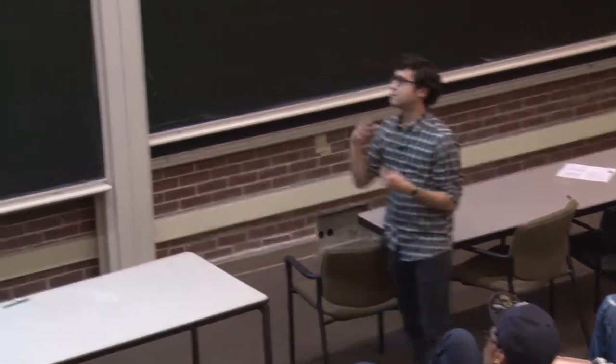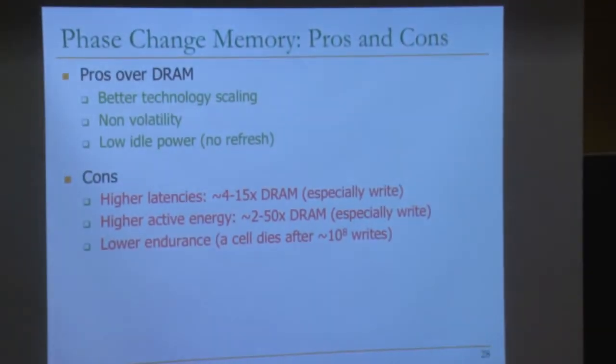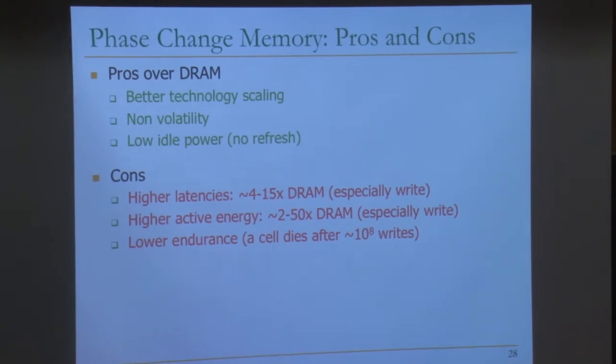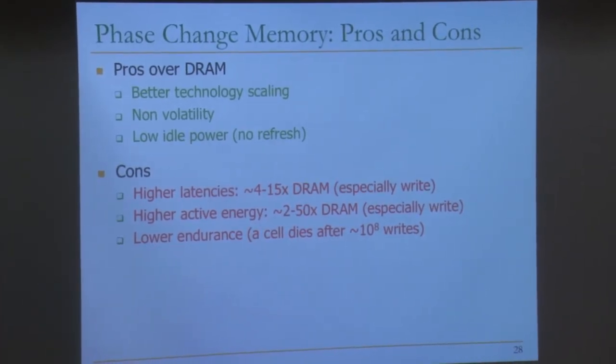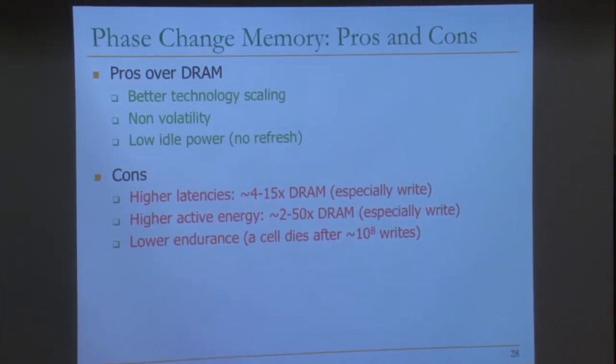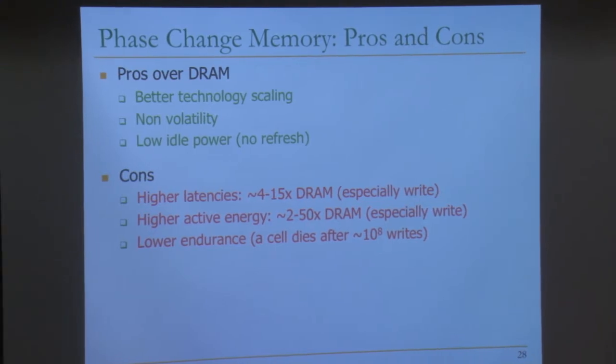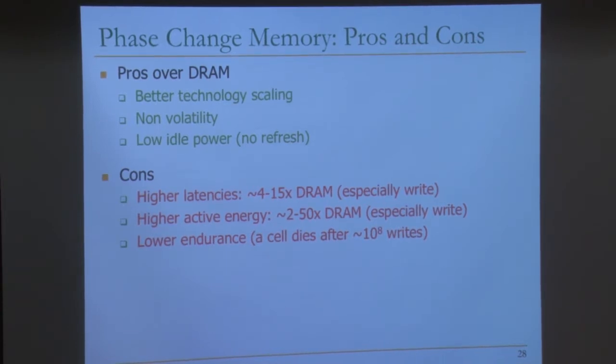So just to summarize, what are the pros and cons? Pros compared to DRAM is better technology scaling, non-volatility, which we haven't really talked about how that's much of a pro yet, but one of the obvious reasons is you don't have to refresh it. You can also think of application level reasons why this is better than DRAM, because now if you have some persistent data in your programs, let me give a concrete example.